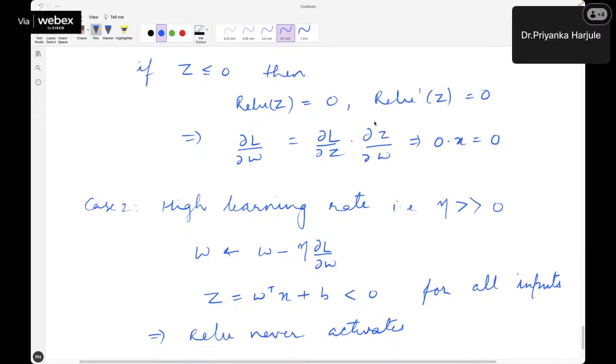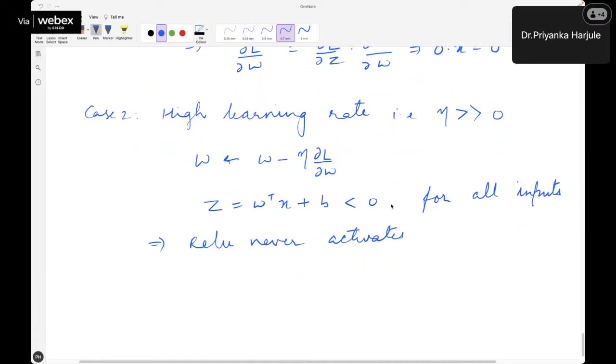Okay. So mathematically, this is the condition of a neuron being dead because the ReLU never activates and because of its derivative also going to zero. So such neurons are never updated and they do not contribute anything to the learning.